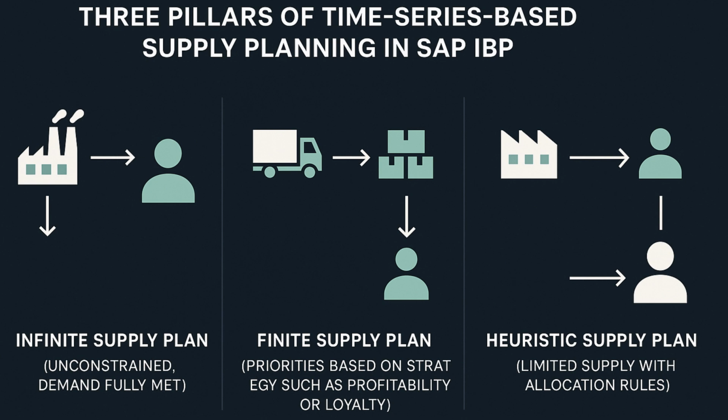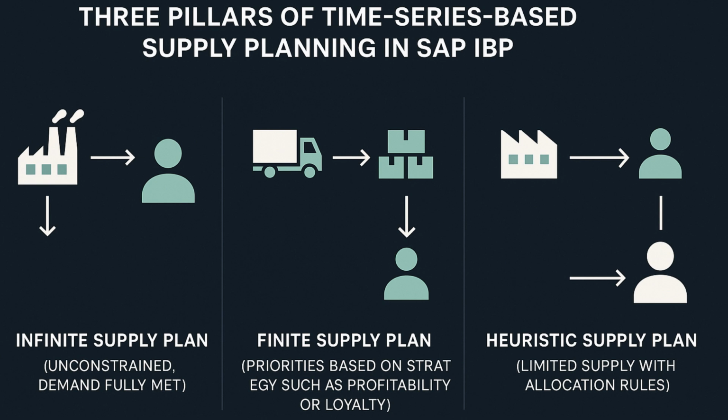The allocation process again depends on the organization's strategic parameters. If the strategy prioritizes profitability, then the customer offering the higher margin gets a larger share of the limited supply. If loyalty is the decision factor, then the loyal customers receive preference even if it means lower short term profit.